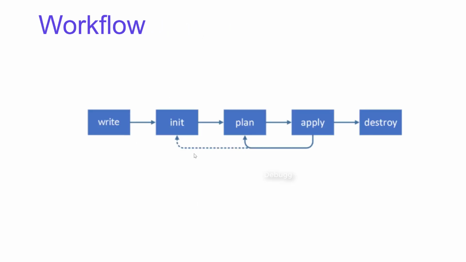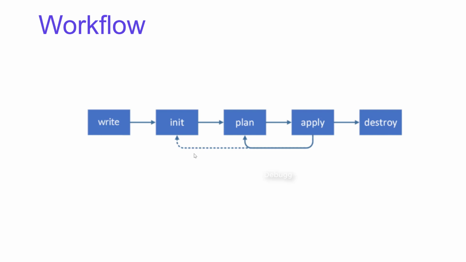Now let's see how the workflow of Terraform works. First we write the code, where we write what resources or infrastructure we need to create. Then we initialize Terraform in the directory, so that Terraform can download everything needed for the specific provider. Then we use the terraform plan command.